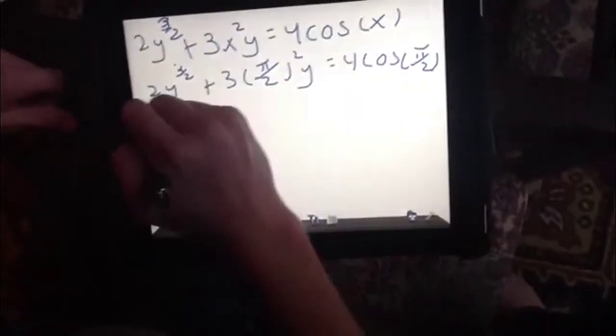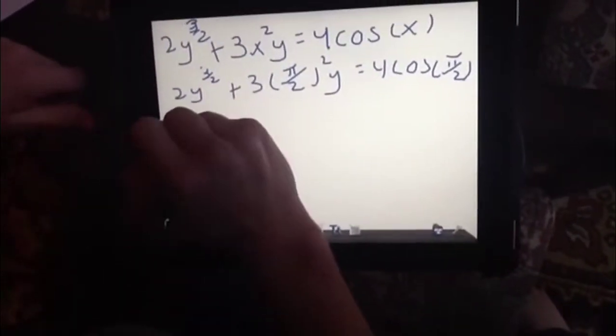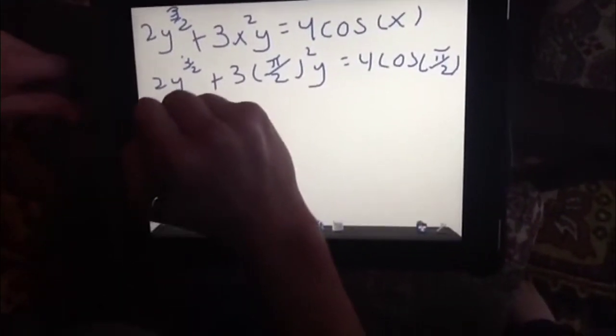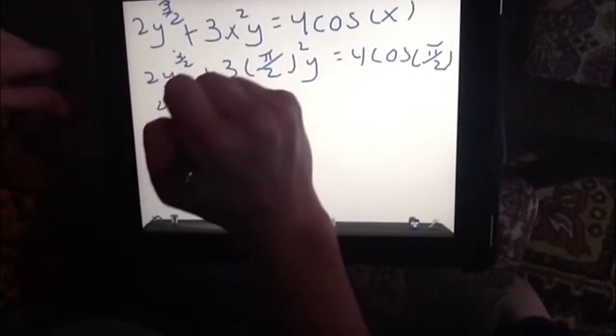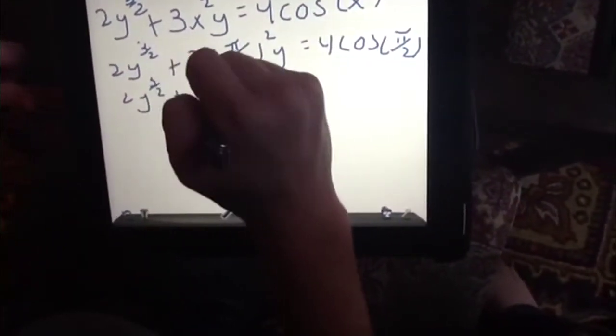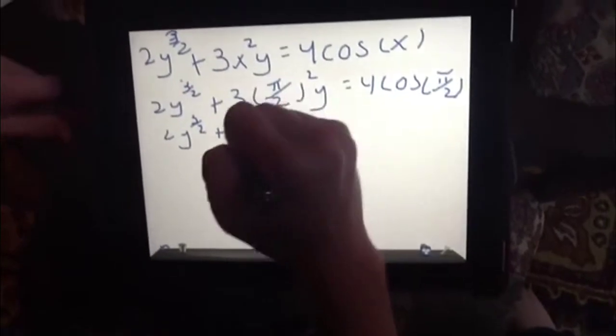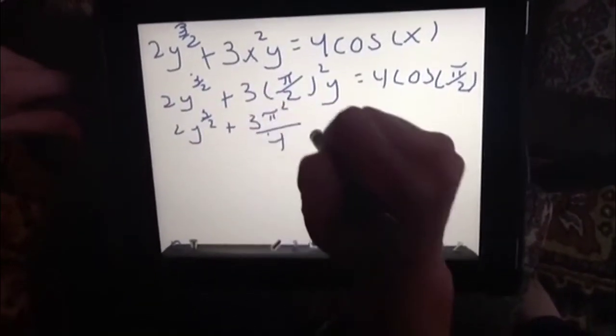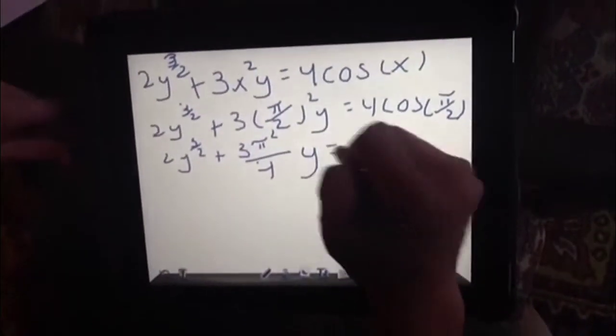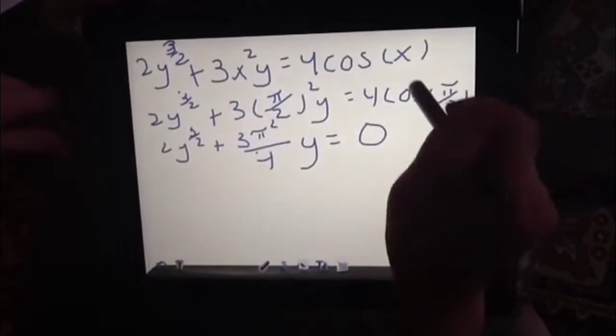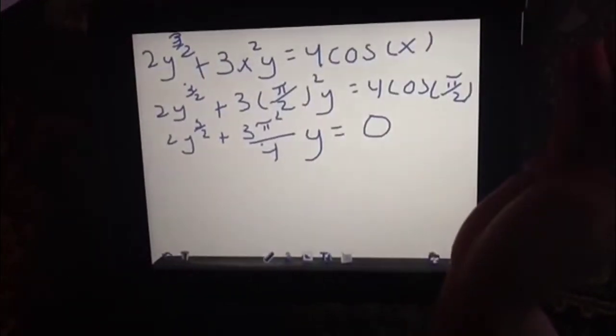If we continue to solve that, we will have 2y to the 3/2 plus 3 pi squared over 4 times y equals 0. This becomes 0 because cosine of pi over 2 is equal to 0.